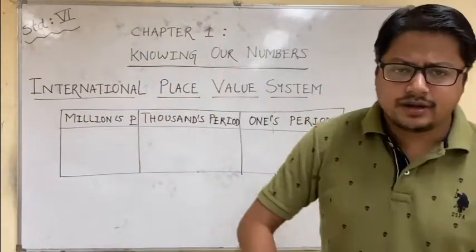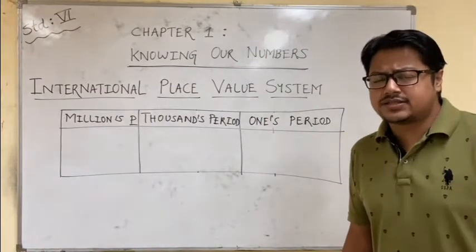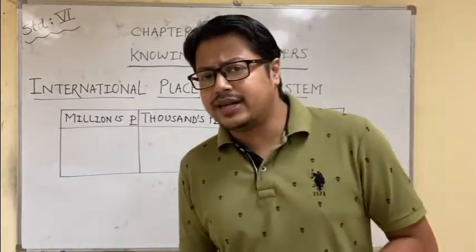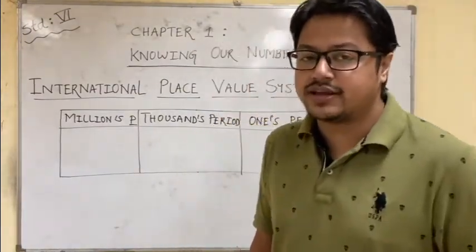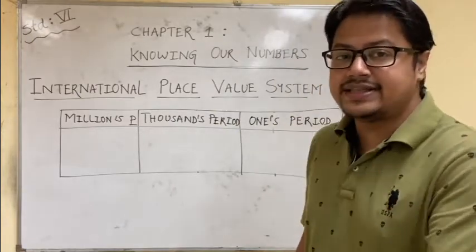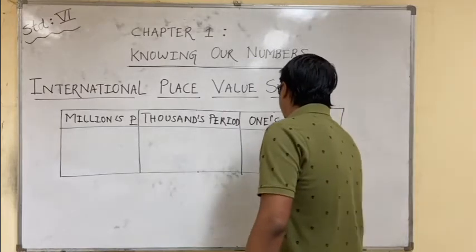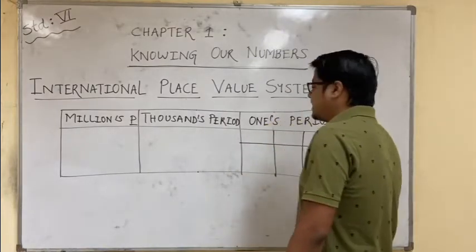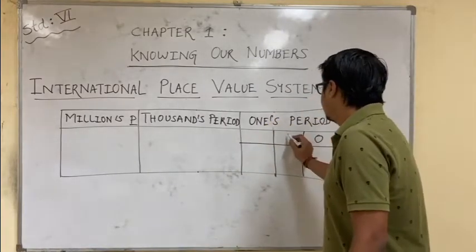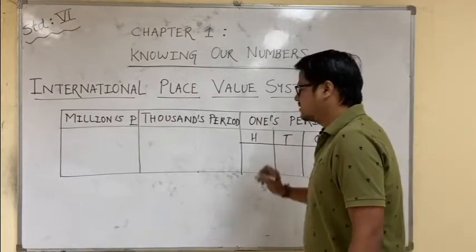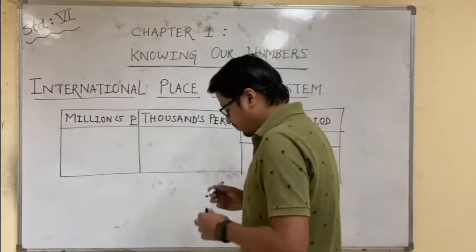Now students, remember, in the Indian place value system, ones period had how many places? 3 places. Which were they? Ones, tens, hundreds. The same is the case here. Here also in ones period we will have 3 places: ones, tens, hundreds. Correct? Fine.